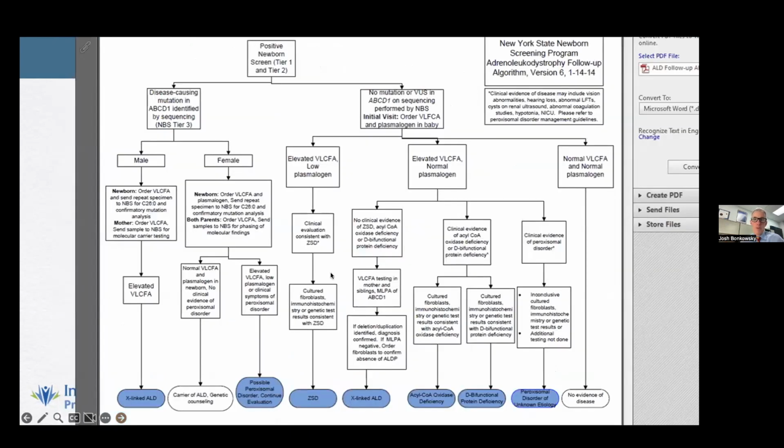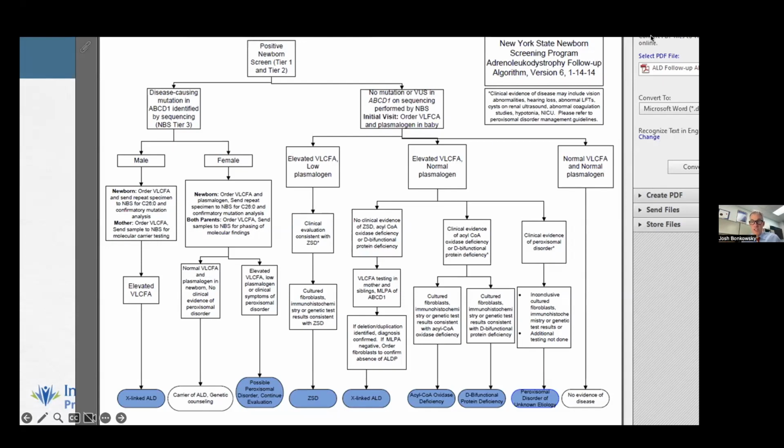This is an example, probably outdated now, of how New York has dealt with the screening. There's the initial screen, which shows the possibility of ALD, but other genetic disorders can have the same initial biochemical signature as ALD. There's also the risk for false positives. So they've developed a fairly complex algorithm for working through whether it's ALD or one of these other disorders.